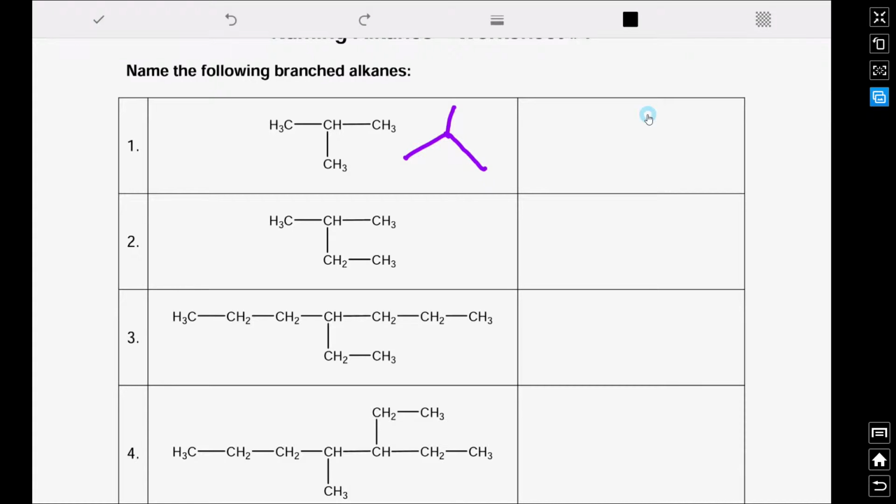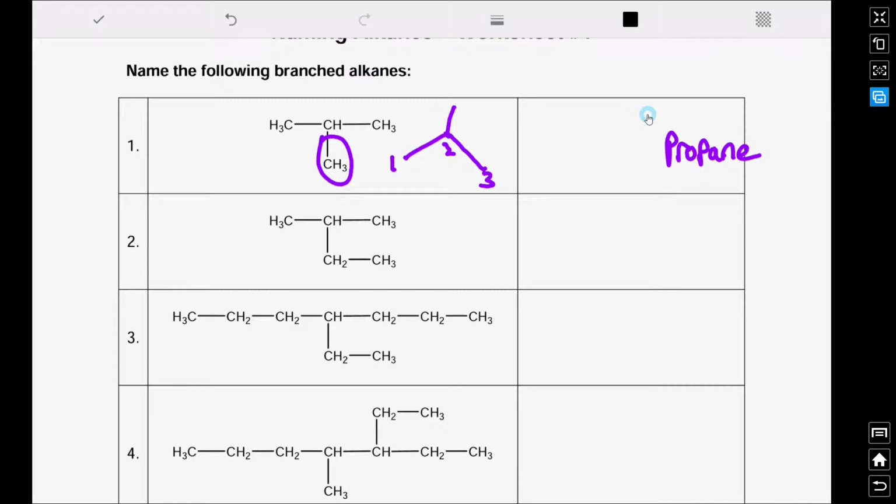Okay, so when we're naming a branched alkane, we have to look for first what is the longest carbon chain possible. Here it is going to be 1, 2, 3. So it says 3-carbon chain is the longest. So right away I'm going to put down the name of a 3-carbon chain, which is propane. Okay. Next, we determine what is branching.